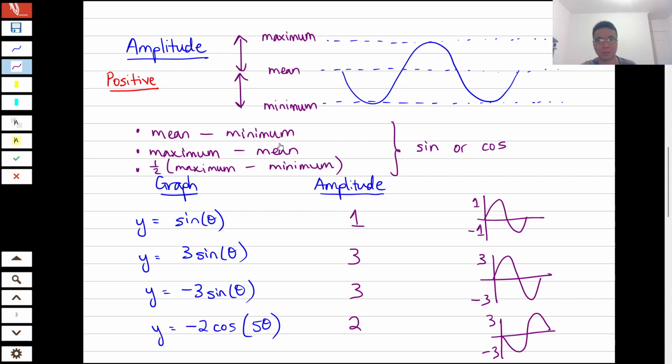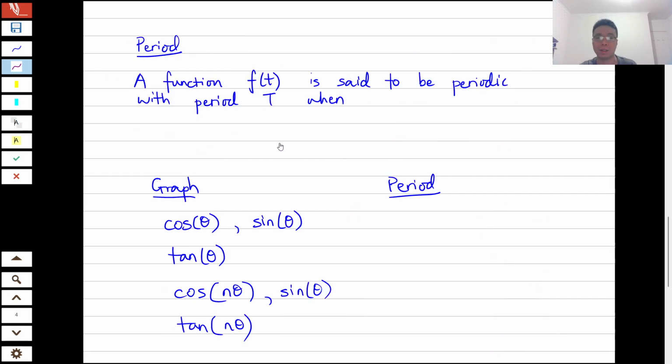Okay, let's talk about period next. So, a formal definition for a periodic function is to say that if it has period capital T, this is a symbol that's often used in physics, if a function f of lowercase t has period capital T, then what I'm saying is if I translate the graph t units to the left or to the right, it actually doesn't matter, I get back to my original graph.